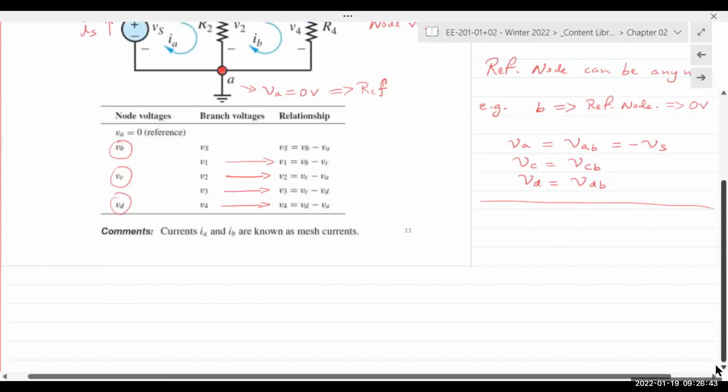So let me write it down here. All of these are branch currents: Is, I1, I2, I3, and I4.